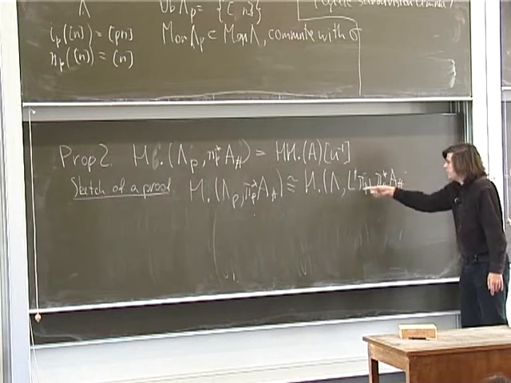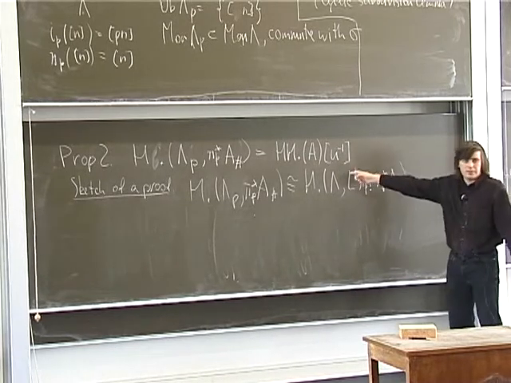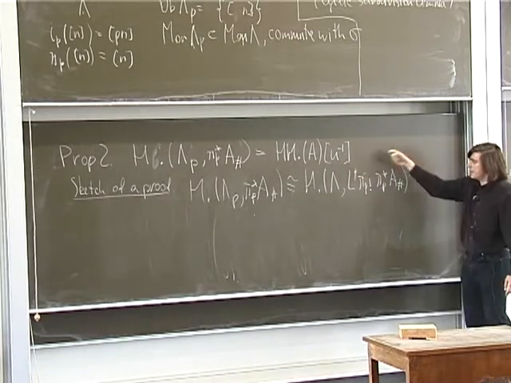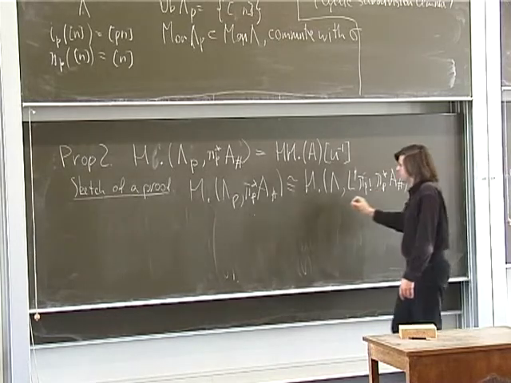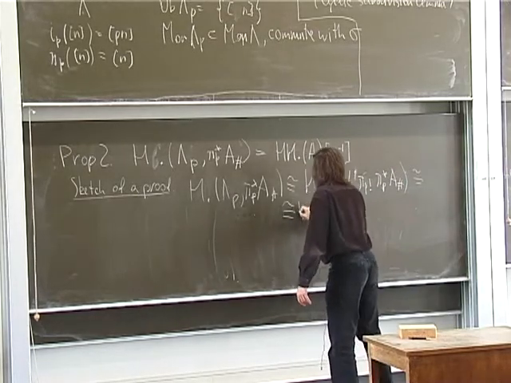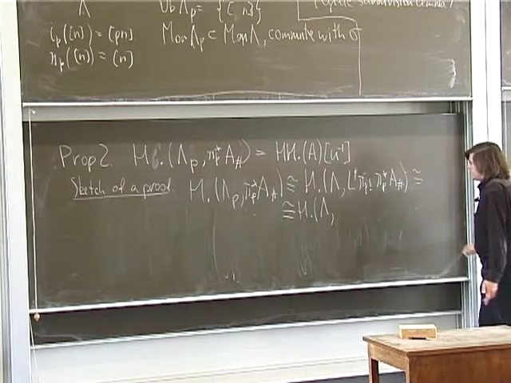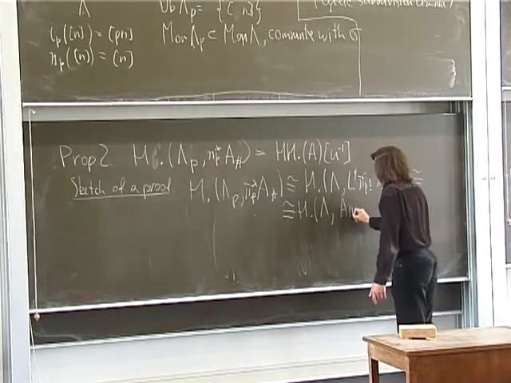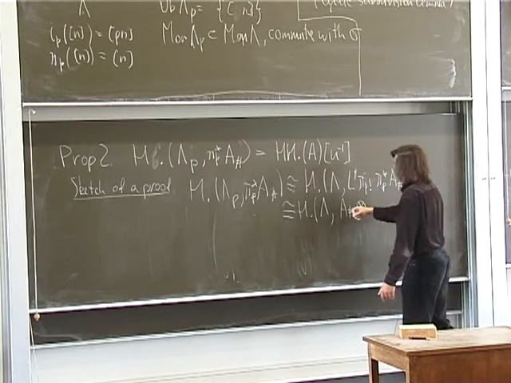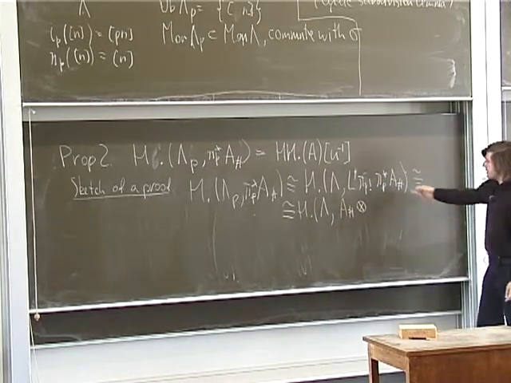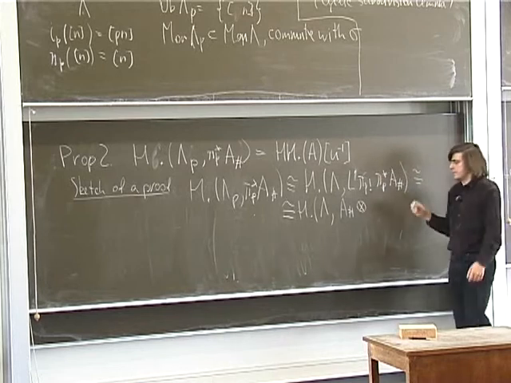And this one we can compute by the projection formula, because we go up and then down. So this is isomorphic to A hash times, in the sense of a natural pointwise tensor product, the same procedure applied just to the constant functor.